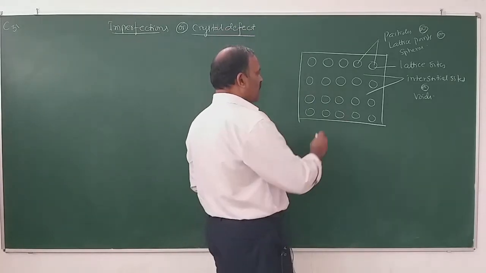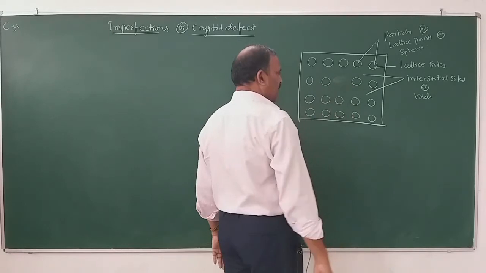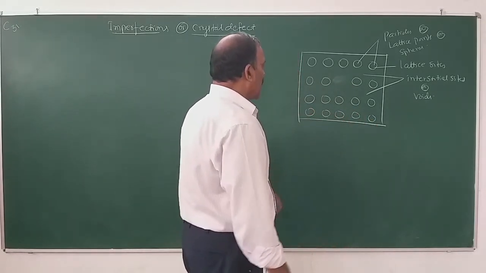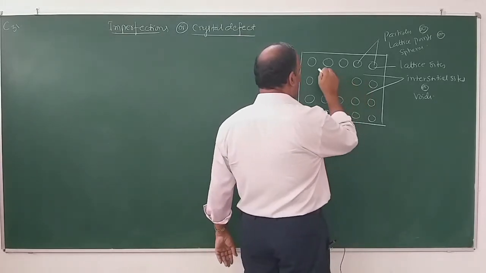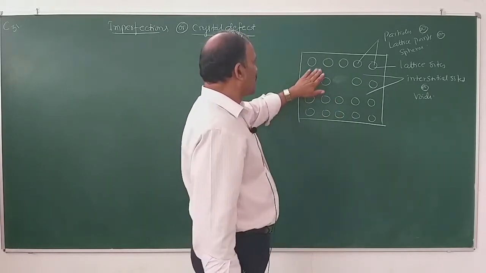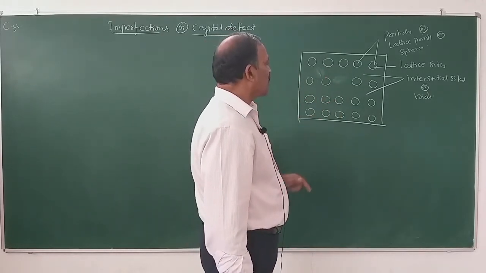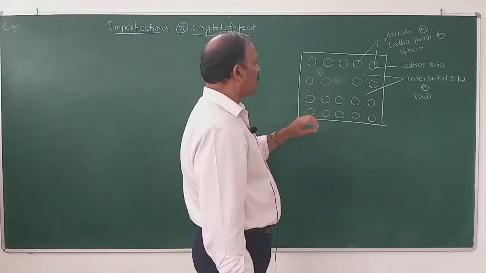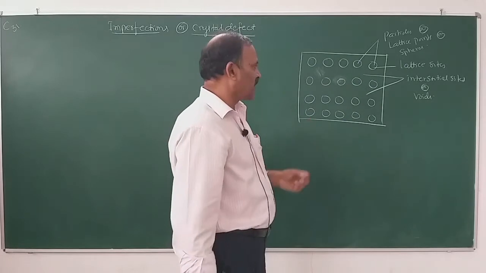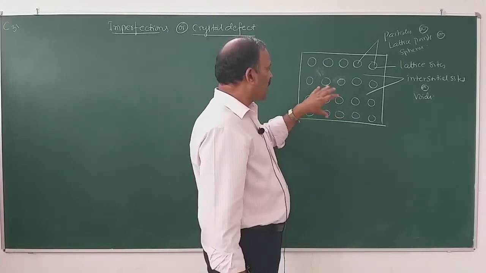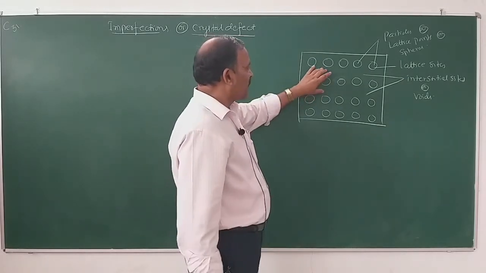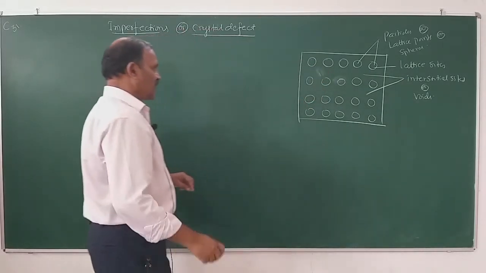So for example, if one particle is missing or a row of particles is missing, or if one particle goes and occupies somewhere here, these are all defects. Any disorder in the arrangement of particles in crystals is known as imperfections or crystal defect.